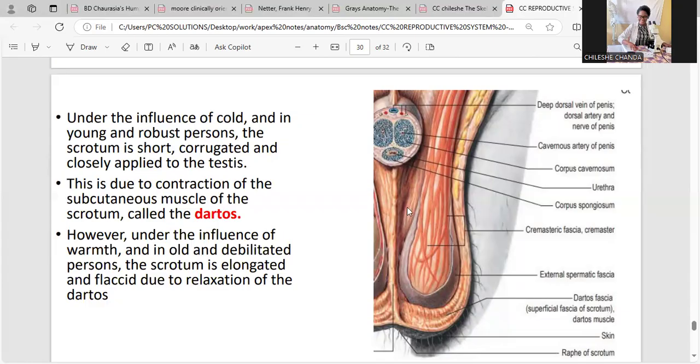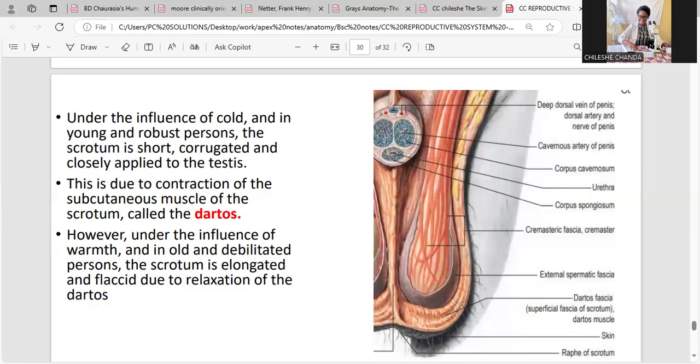This is due to contraction of the subcutaneous muscle of the scrotum, known as the dartos. These small smooth muscles contract when it is cold and relax when it is hot.